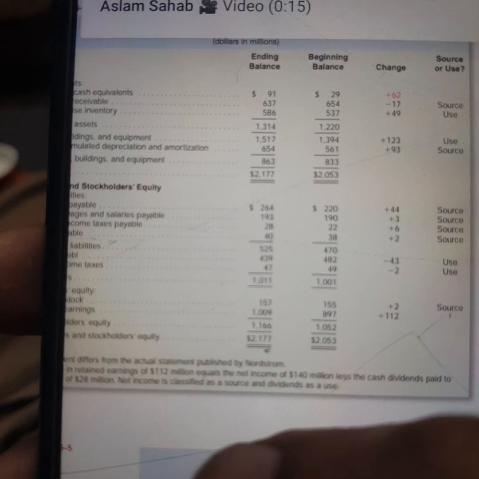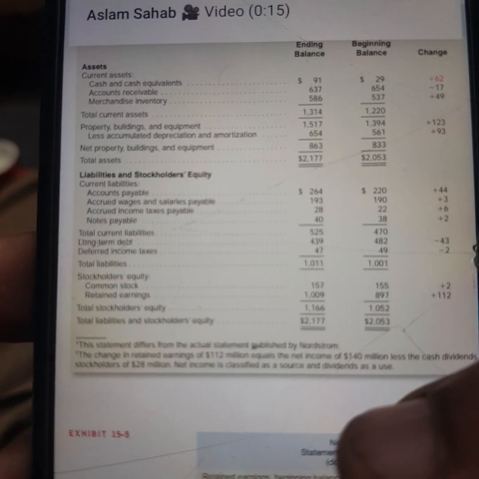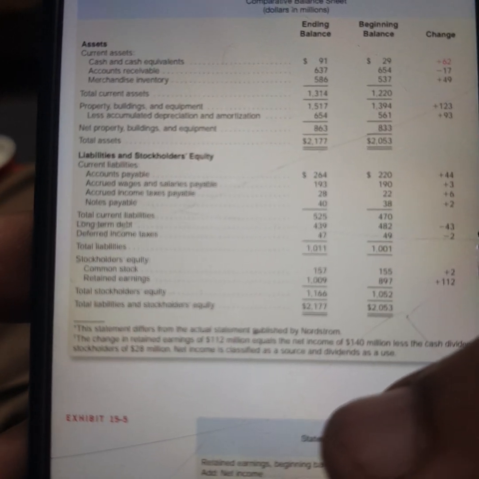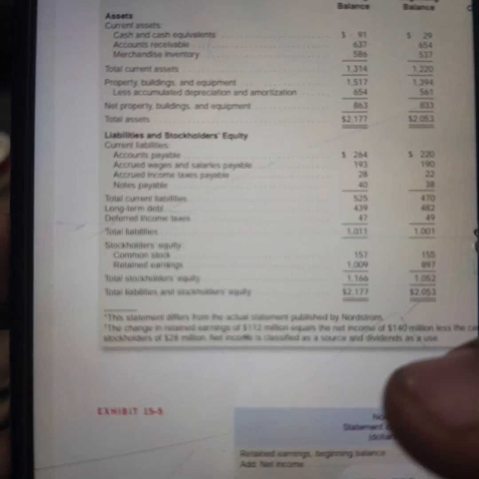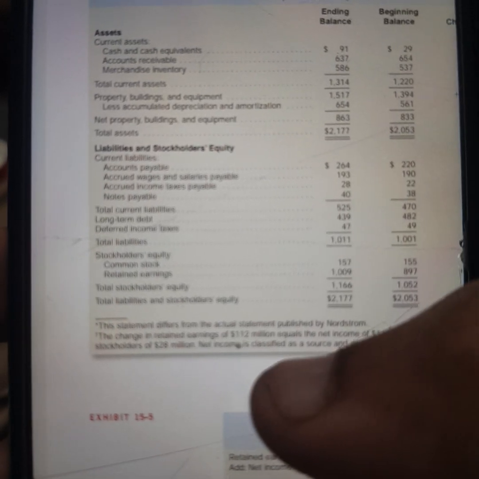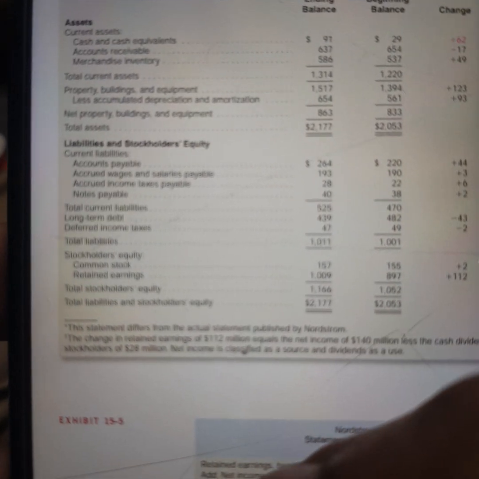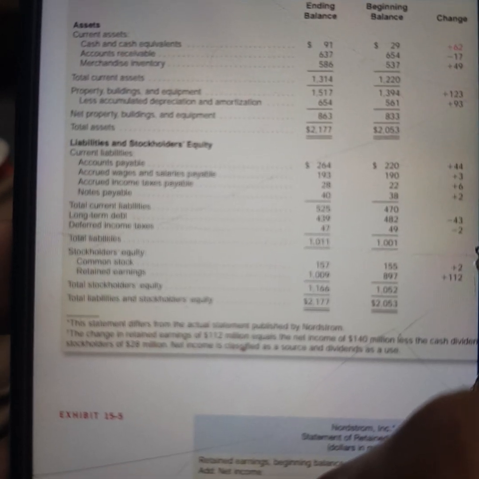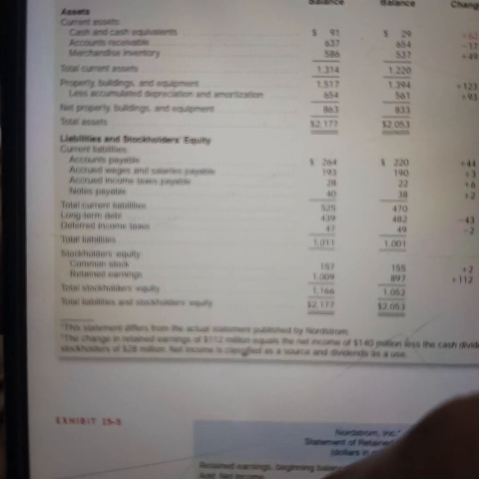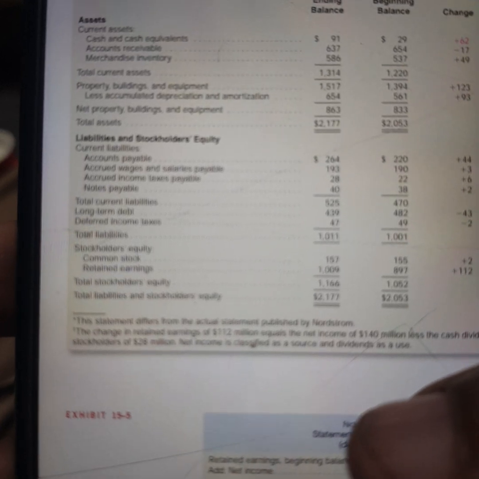We have collected 93 rupees as depreciation expense, so we are going to utilize that amount, so it becomes our source. From 654 it becomes 561, and it is a 93 rupees change. This amount will be utilized, so it will become our source.